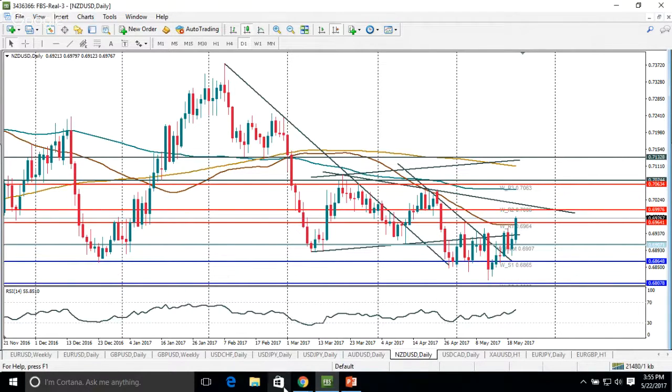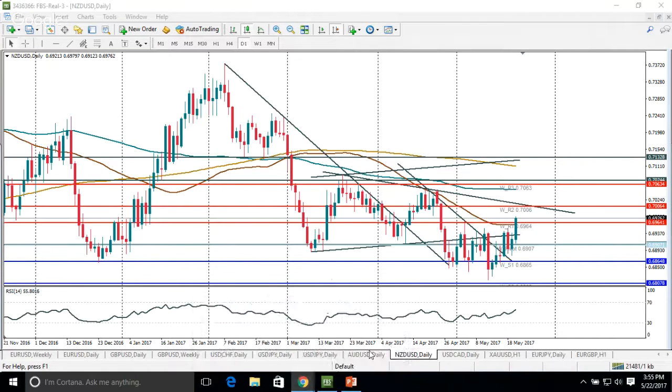So let's make a short conclusion of what we talked about today. As for our main currency, the US dollar, it continues to be under pressure.